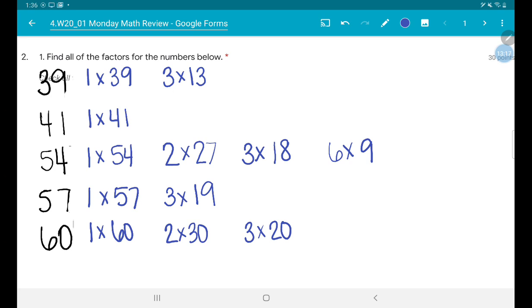Can I split 20 evenly into 4 groups? 4 times what equals 20? 5. So 4 times 15. 15.